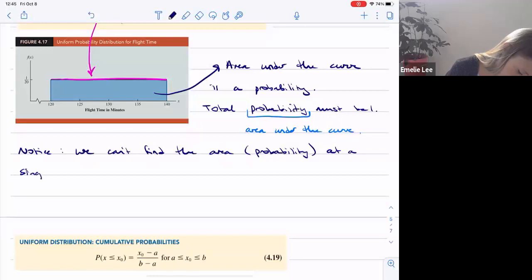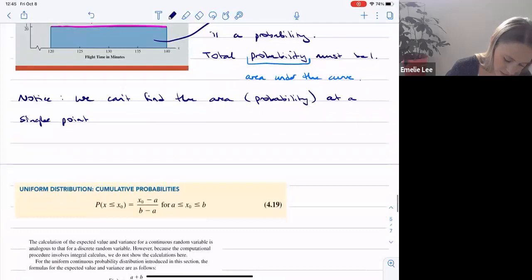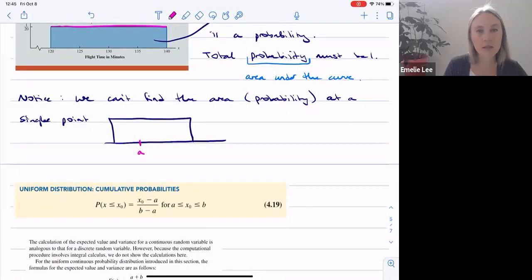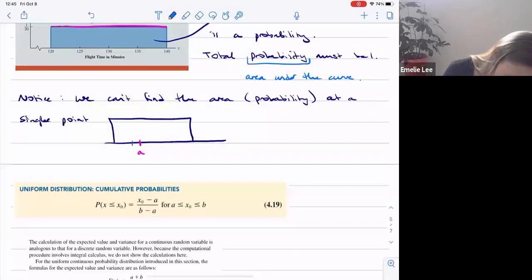If you have your distribution here and you want to know what the area is at A, to find area at A, we need some sort of interval. We could go really, really close to A, but we would still have some length, and so we would need to go around A.